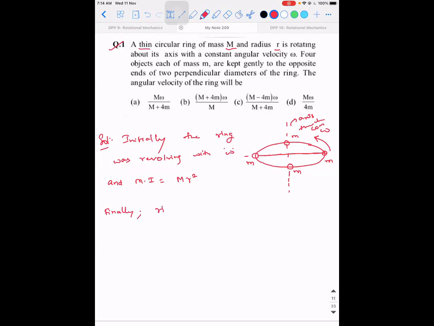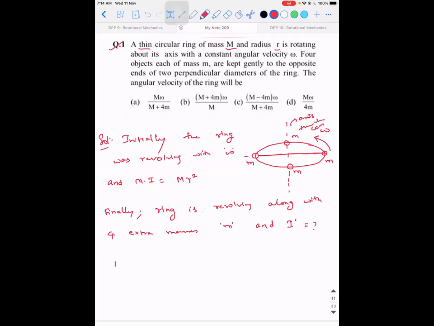So finally, what is happening? Finally, the ring is still revolving along with 4 extra masses of how much value? Small m. And moment of inertia of how much value?